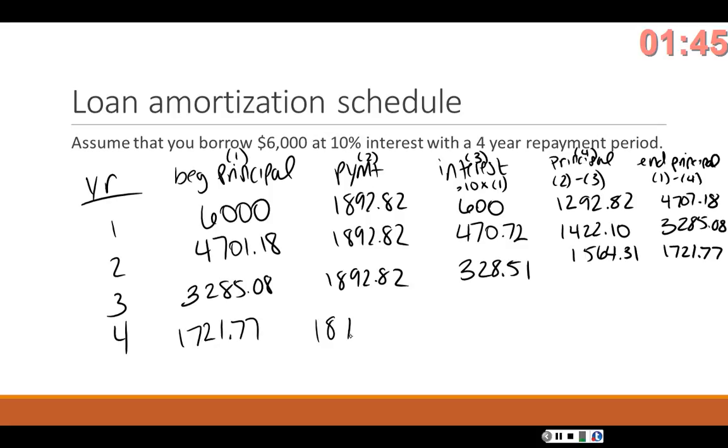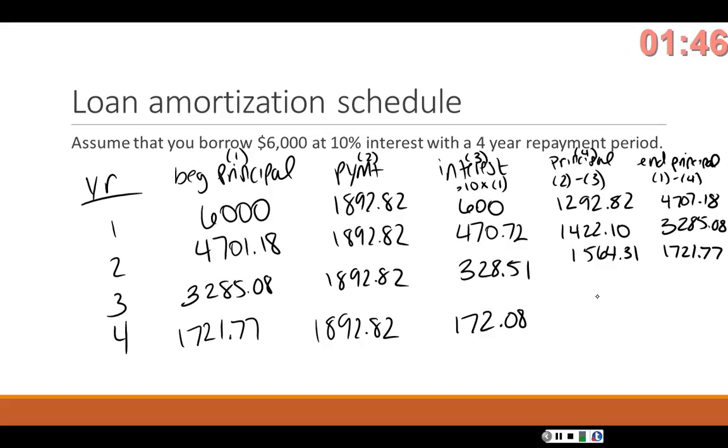Your payment stays the same. The amount of interest that you're paying is $1,721.77 times 10%, so $172.18.